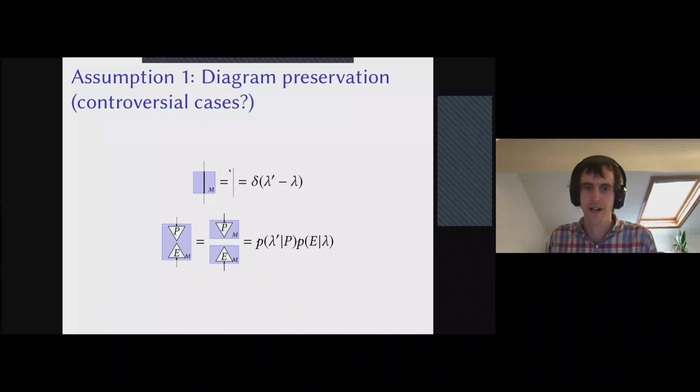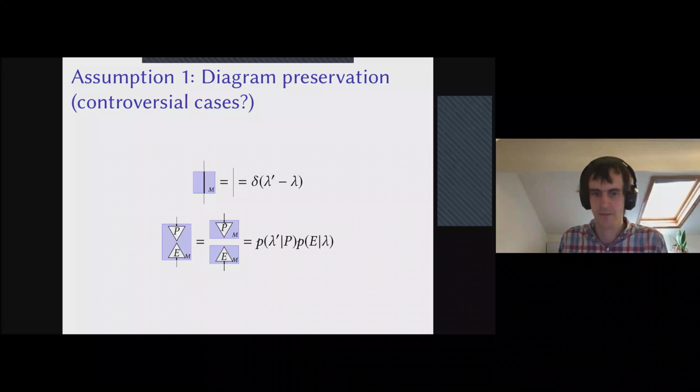Okay, so just writing these things in equations, the identity on the ontic states is kind of a direct delta that forces the new ontic state lambda prime to be equal to the input ontic state lambda. And this is saying that the probability for the new ontic state lambda primed, given some input state lambda, is just the probability for the measurement outcome given lambda times the probability of the new ontic state given the preparation.